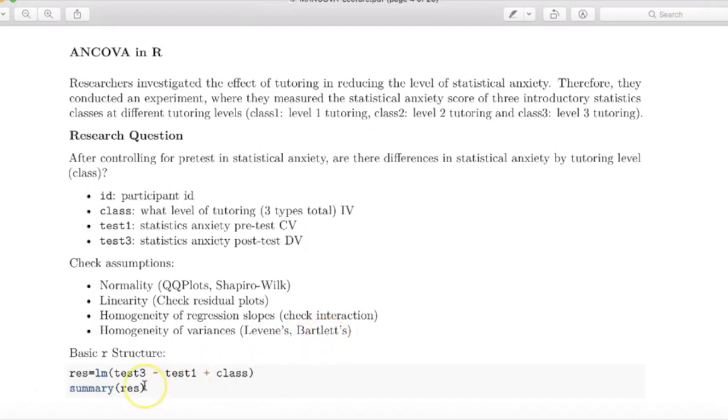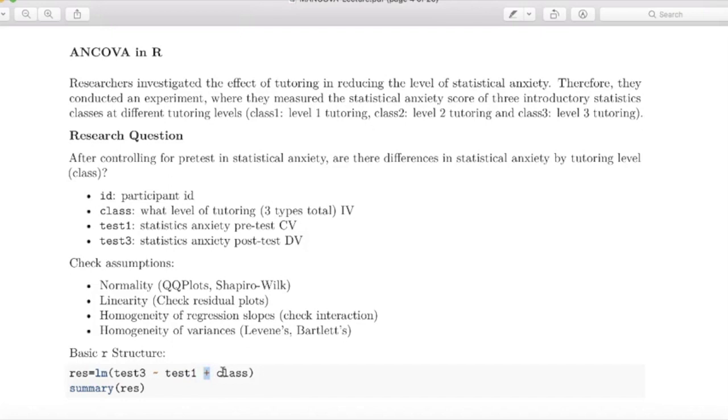So the basic structure for running an ANCOVA would be the same as for running an ANOVA. Here I would use the keyword lm, for linear model. Here I have my dependent variable, I have the little squiggly thing, the tilde. Then I would put the covariate. I need to have a plus sign, and that plus sign is so important.